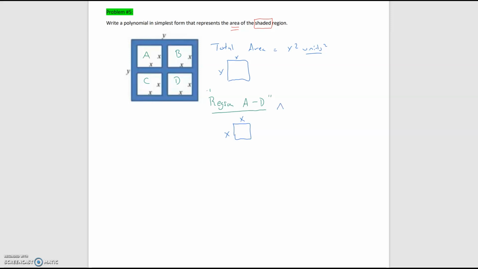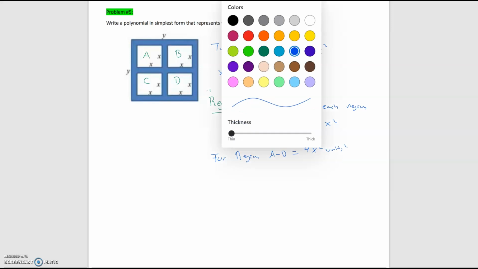So the area of each region is going to be equal to technically x squared for regions A and D. This is going to be equal to, well, there's 4 regions with the same size, or in this case 4x squared, and it'll be units to the second power.